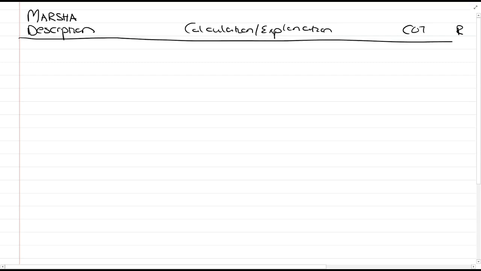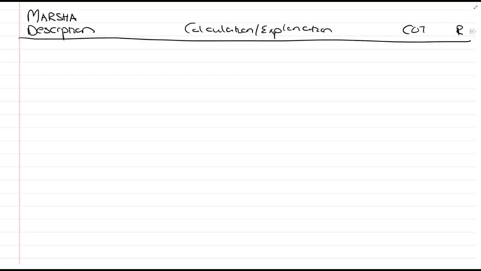Marcia, Garth and the Stacy Trust. For each of these you only have to put it on once: description, calculation, explanation. These are the columns that we always have in our income tax calculations. Make it nice and clear, nice and neat.